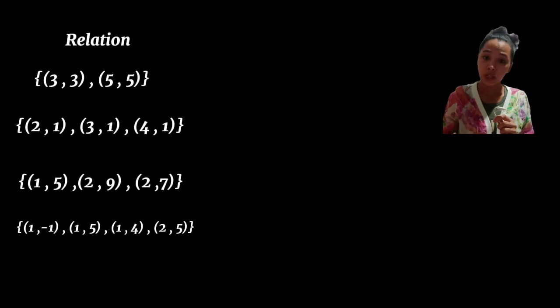Now, we're going to take a look at this example. These are the examples of relation: 3 and 3, 5 and 5, 2 and 1, 3 and 1, 4 and 1, 1 and 5, 2 and 9, 2 and 7, 1 and -1, 1 and 5, 1 and 4, and 2 and 5.